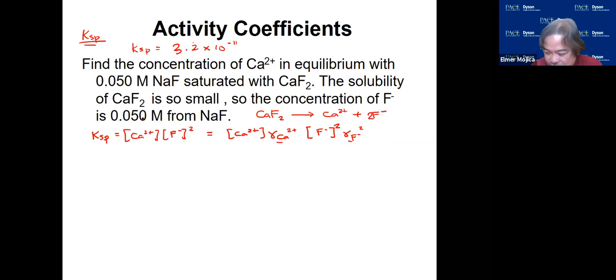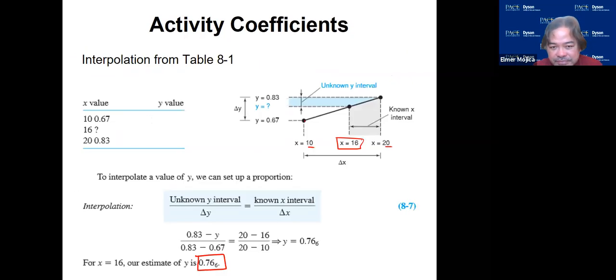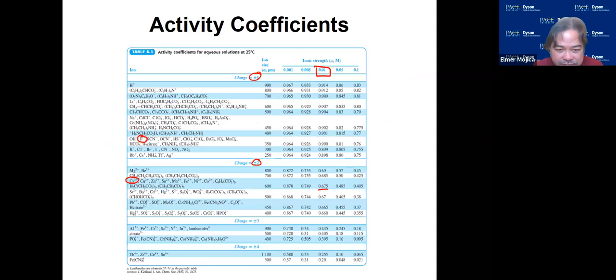So you have to look at what concentration and what ionic strength we need to use here. Since fluoride is the only one given there, we're going to use 0.05. There's just a 1:1 mole ratio that you have there. So we go with 0.05.